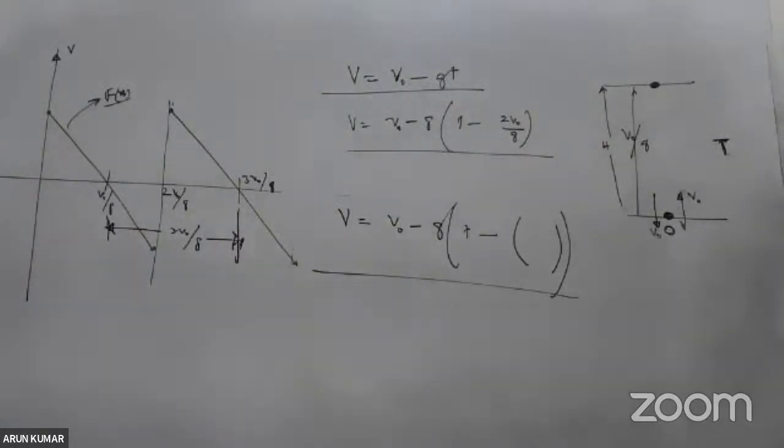N minus 2 V naught by g. Should it be n minus 2? Yes, sir. N into 2 V naught by g.